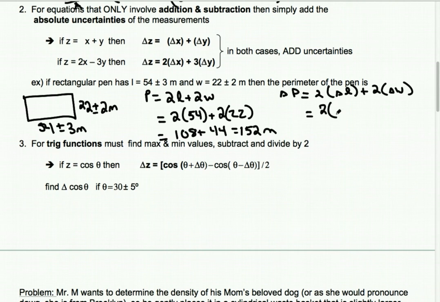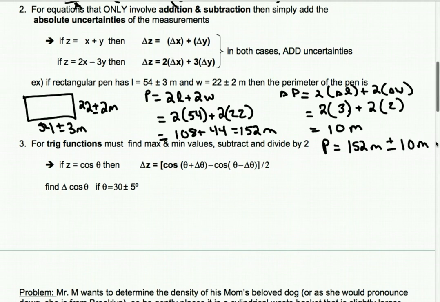So 2 times your 3 plus 2 times your 2. 2 times 2 is 4, 2 times 3 is 6, 4 plus 6 is 10 meters. And so I'm going to write my perimeter as 152 meters, and this is to 1 sig fig already, plus or minus 10 meters. Okay, and that would be my final expression.